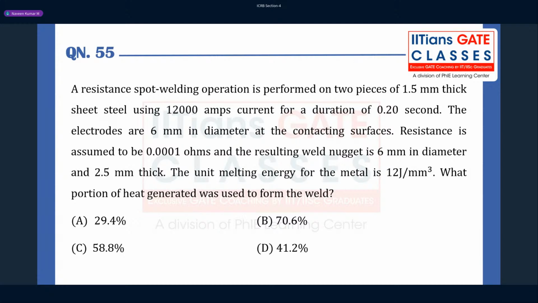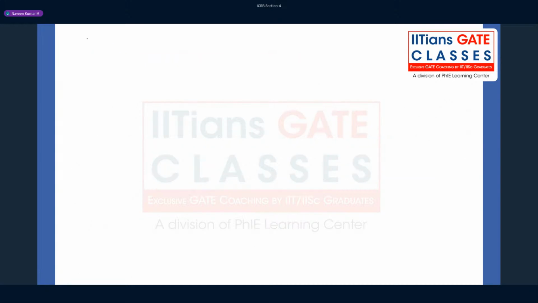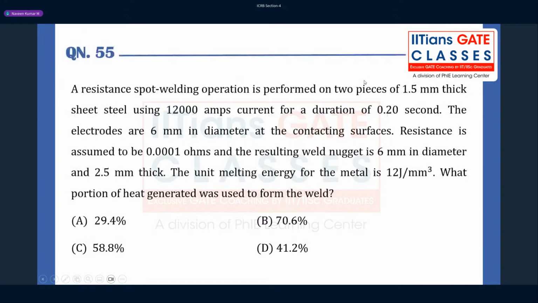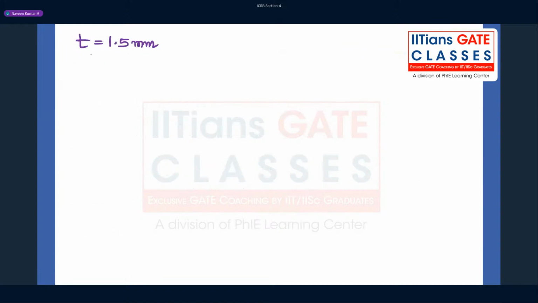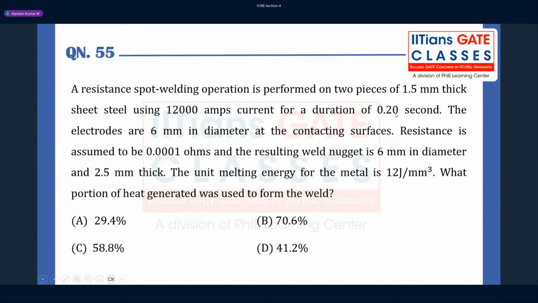The question is lengthy again. The resistance spot welding operation is performed on two pieces. Let's write what is given. Thickness is 1.5 mm, using 12,000 ampere current, for a duration of 0.2 seconds.